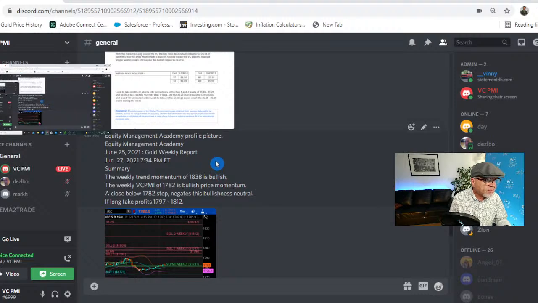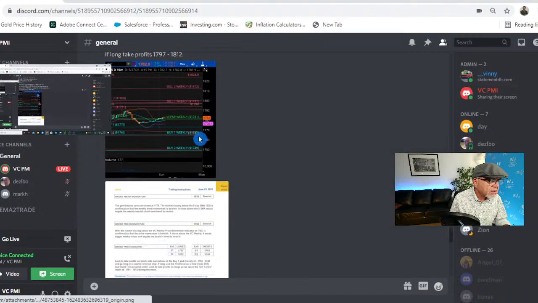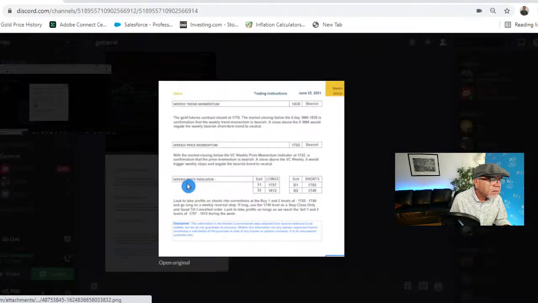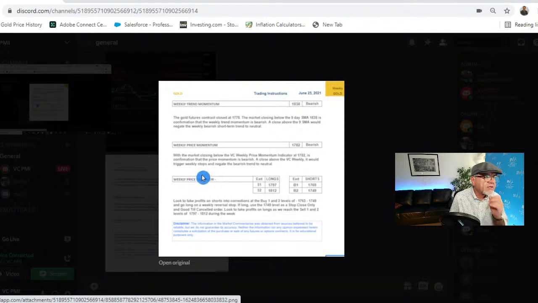This report was published on the 27th at 7:34, and the summary is the weekly trend momentum of 1838 is bullish. I'm sorry, this is bearish. I just caught a mistake there. With the market closing below, the weekly trend momentum is bearish.